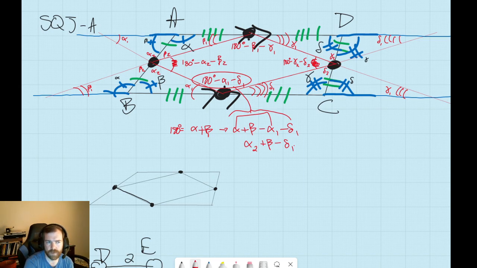It's going to be alpha 2 plus beta minus this other stuff. It's not equal to anything that we know of.